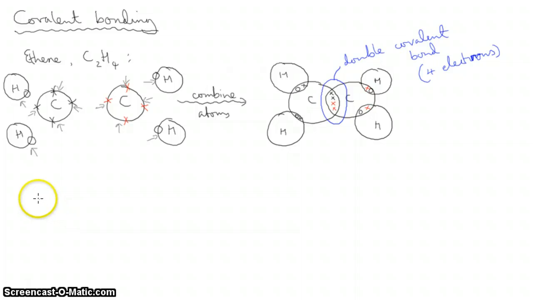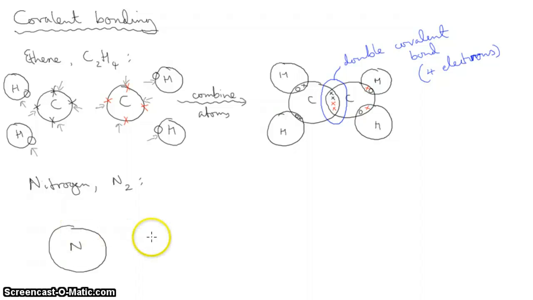And a final example would be nitrogen gas itself. Nitrogen, the element, occurs as N2. So it looks simple. We've just got 2 nitrogen atoms.